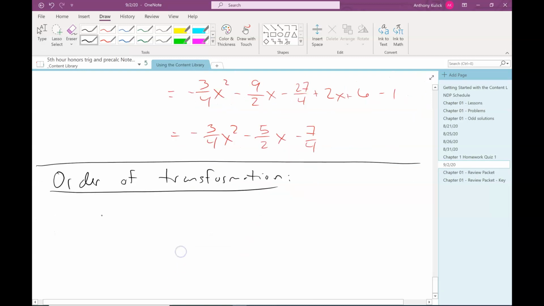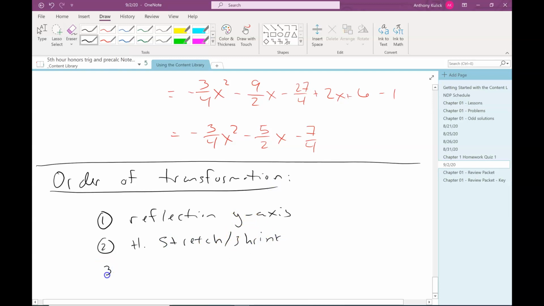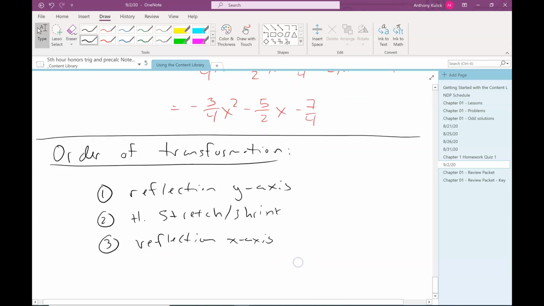The order should be the reflection across the y. And then the second thing should be your horizontal stretch or shrink. The next thing should be your reflection across the x. And your vertical stretch or shrink.